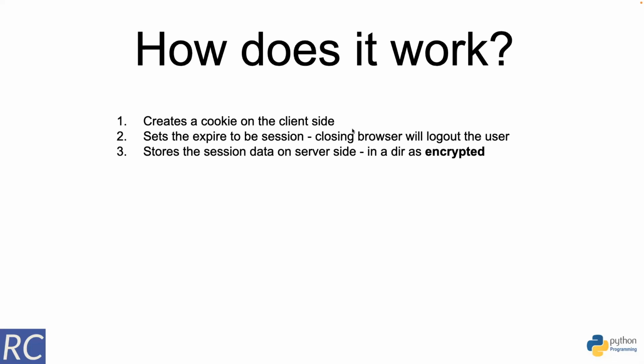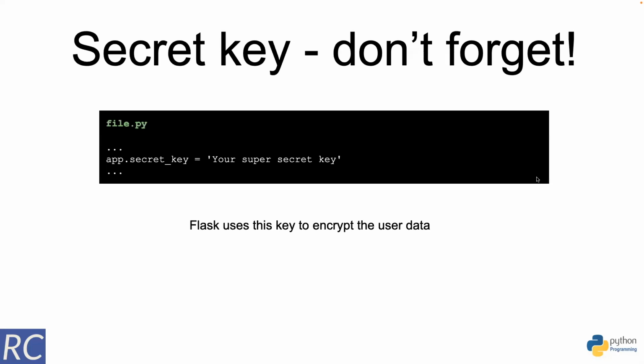Okay, great. So I think we have a basic understanding of how it works here, so let's move forward. Let's not forget one thing. We talked about securely storing the user's data.